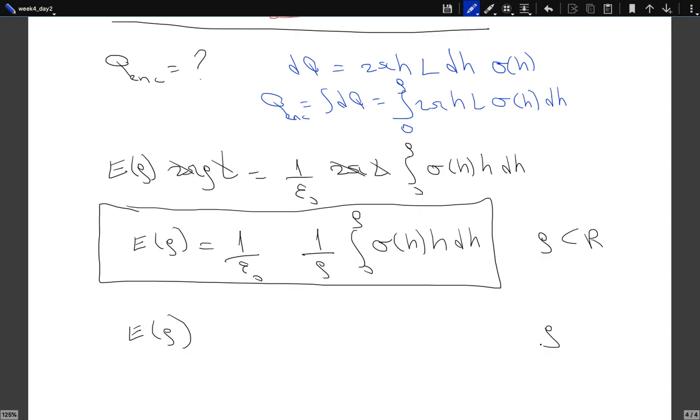So what happens if we are outside the wire? We want to calculate the electric field at a point somewhere outside my wire. What will change?